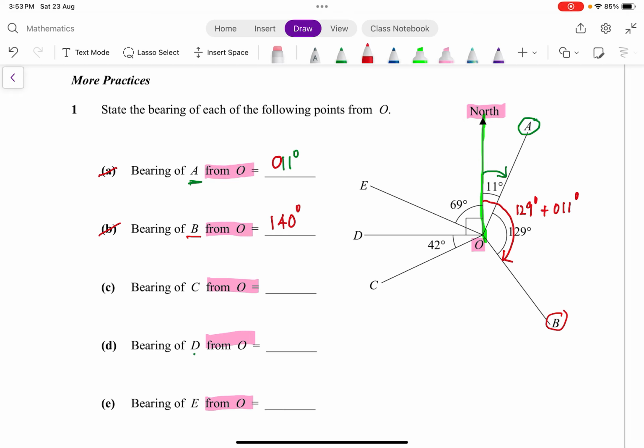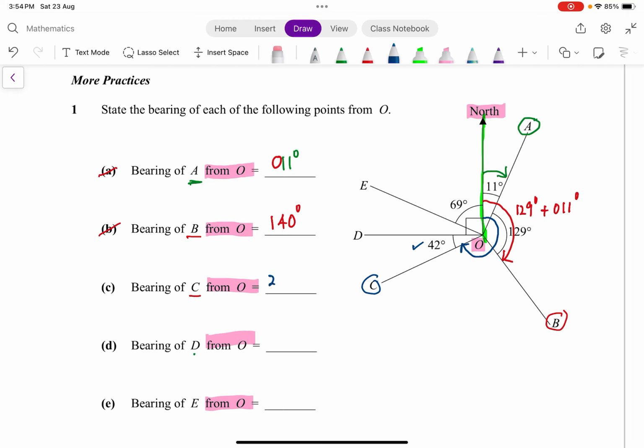Now let's take a look at part C. Part C, it says to find the bearing of C from O. So again, from O, now where is C? Point C is here. So which means I will need to take a angle from the north line from O till the line joining O and C. So if I take a look at this angle, I notice that I will be able to take 270 degrees minus of 42.